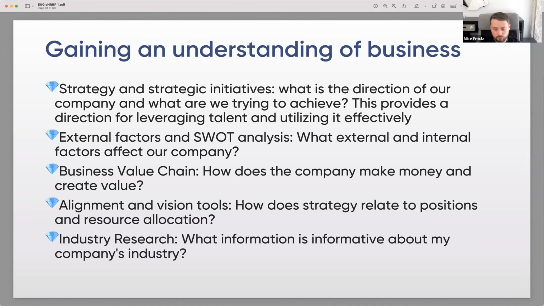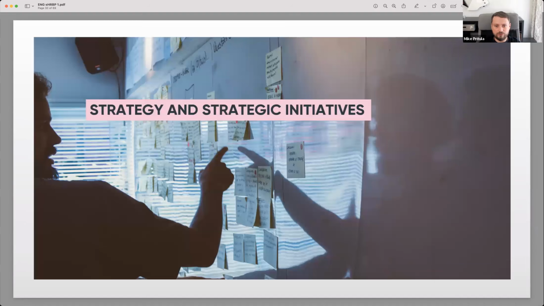Alignment and vision tools, how does the strategy relate to positions and resource allocation? And industry research, what information is informative about my company's industry? This is, I would say, basic what you need to understand about your company to be business oriented enough. So let's learn how to do that.